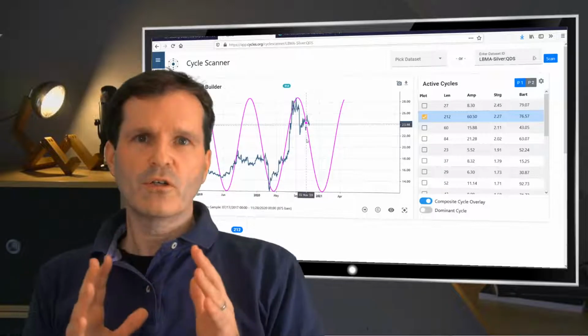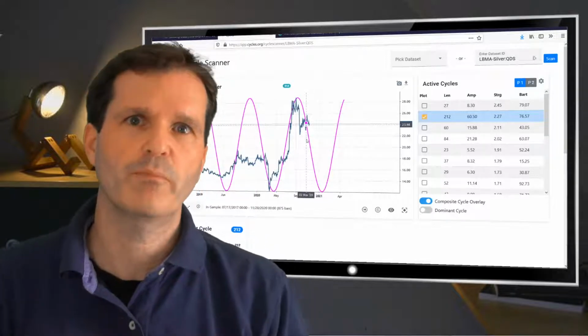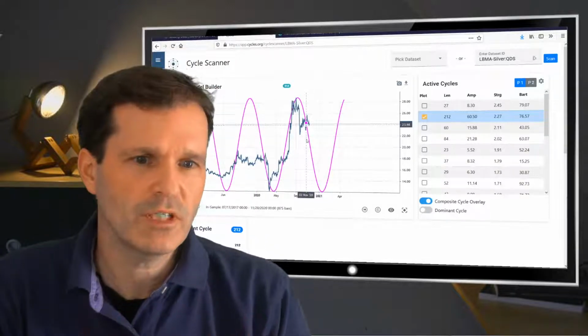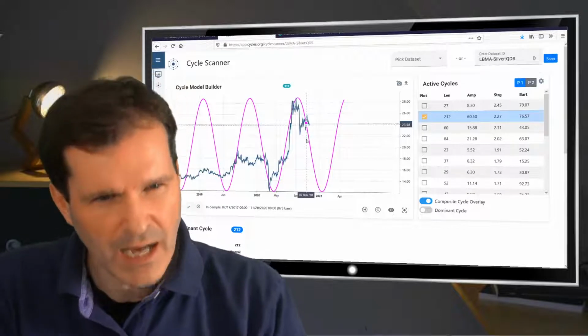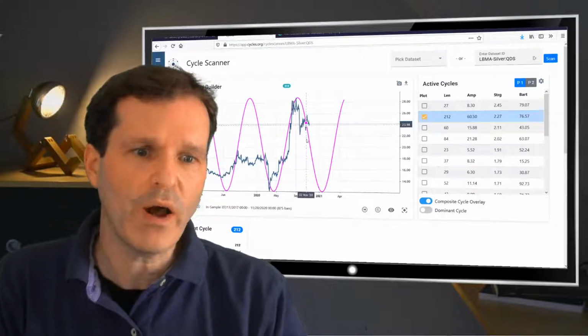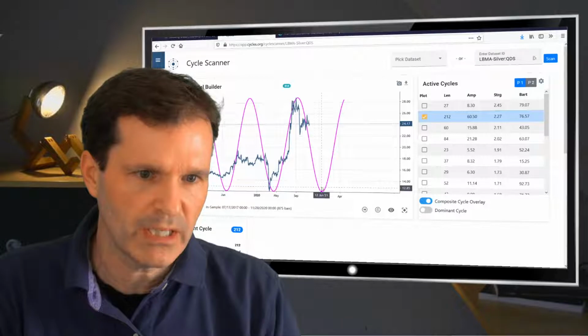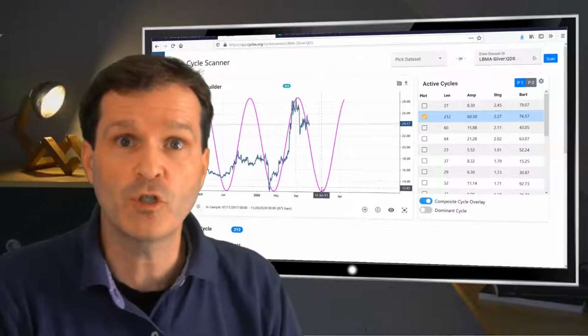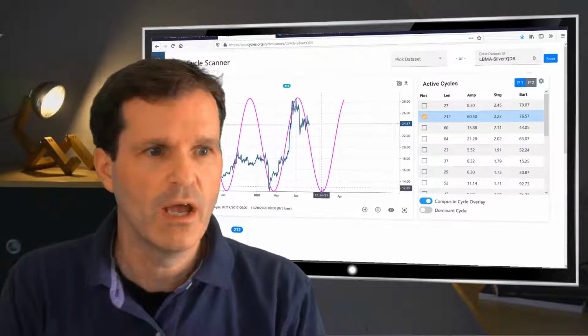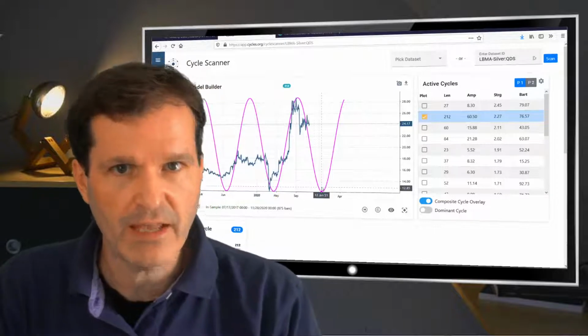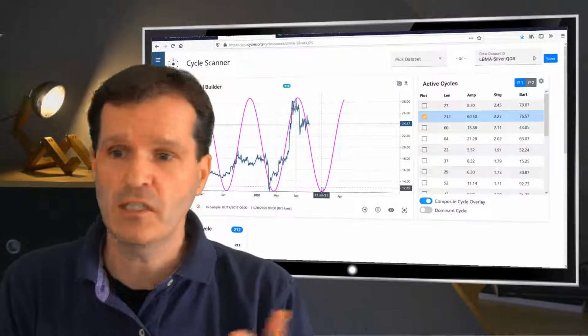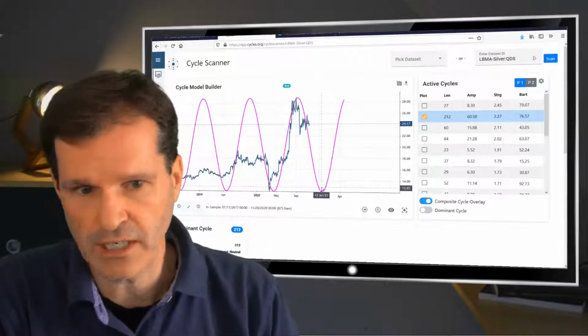So silver and gold are not quite in sync, but close, with around 200. But we are at a bottoming cycle, or at least approaching the bottoming at the beginning of next year. So here we should closely watch how gold and silver behave and use additional measures and indicators to time our trade.